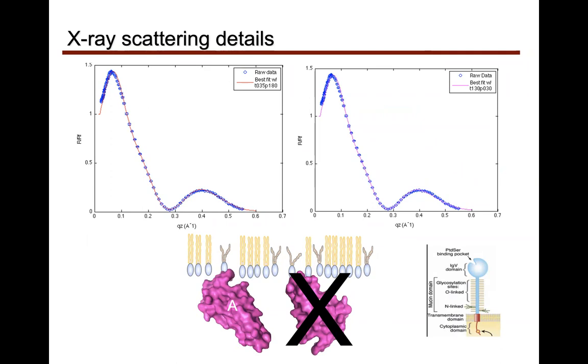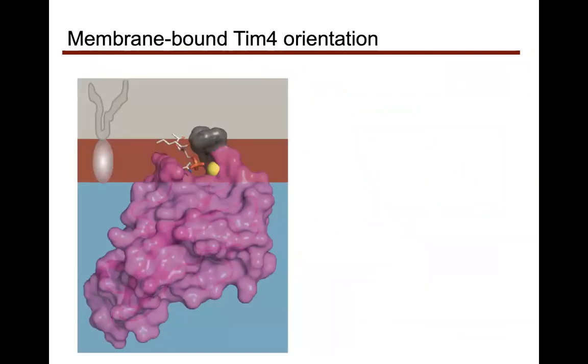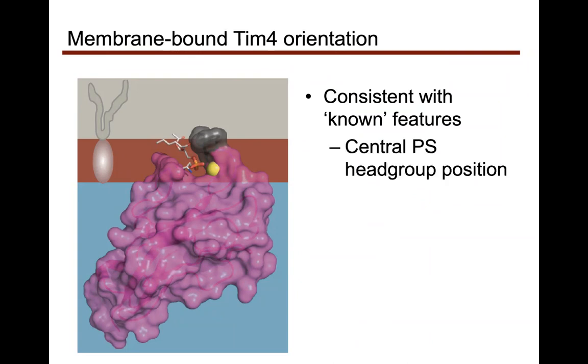So with X-ray reflectivity, we were able to get at the interactions that are consistent with the known features of the protein by using this systematic alteration of the angle of orientation of the protein to the interface, whereby you see the central head group of the PS position and the hydrophobic loop penetration, which is in line with the spectral shift that we have observed in the other experiment that I showed you earlier.